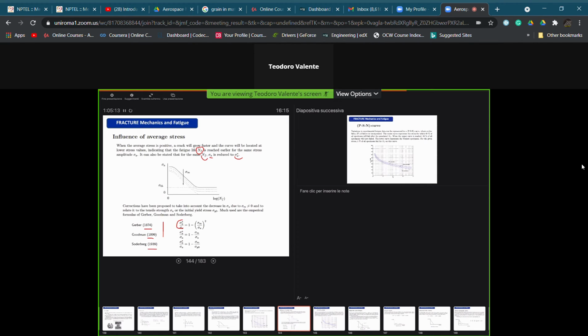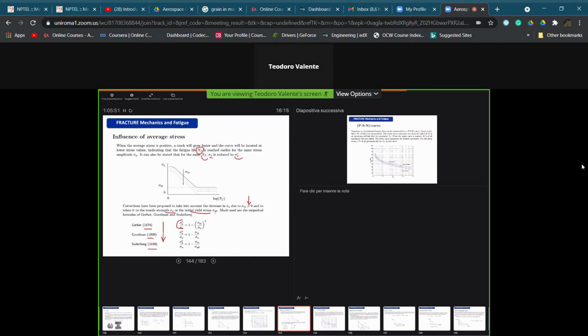Here you have them reported, with the values of the average stress, which is different from 0, the tensile strength of the material, sigma u, and the initial yield stress, sigma at 0, because in this case we are still talking of ductile materials, that is, of metallic base alloys.